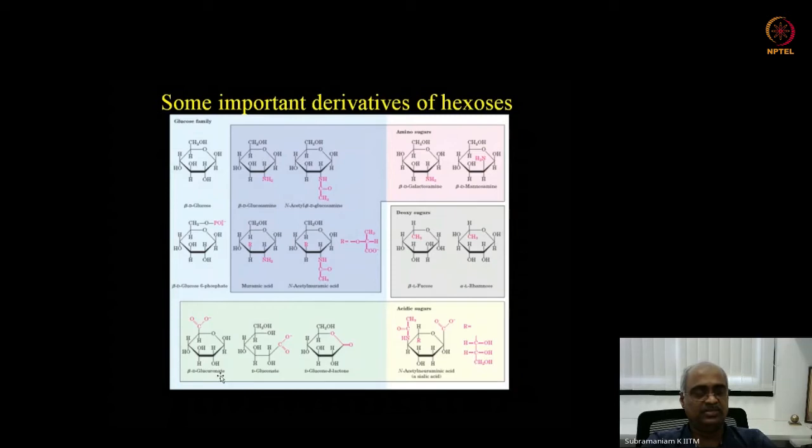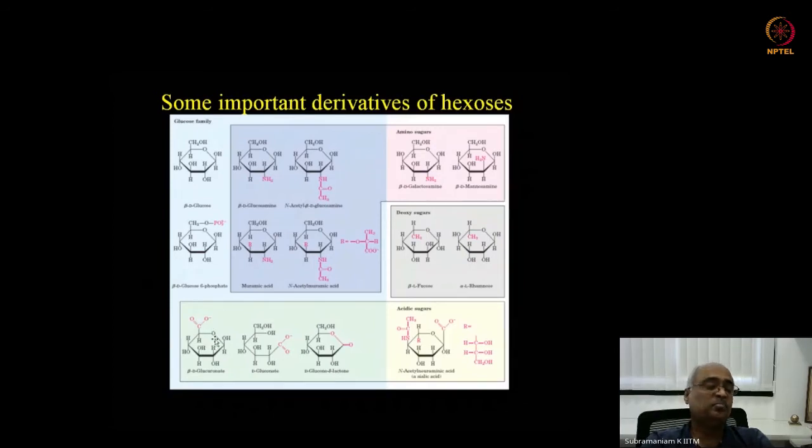you may have a situation where the aldehyde group here, this anomeric carbon, may be oxidized to a carboxylic acid form. And they are called aldonic acids. So glucose gives gluconic acid, or gluconate in the ionized form. And they usually react with this alcohol group and form a ring structure called gluconolactones.